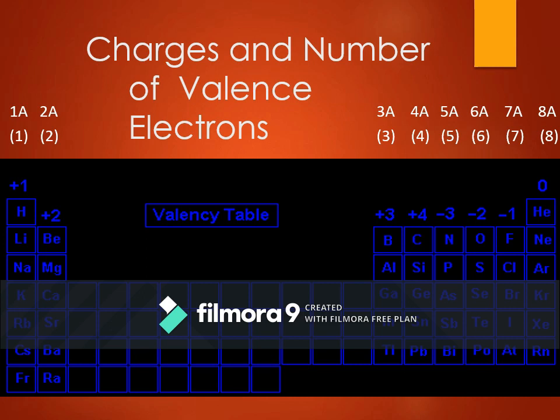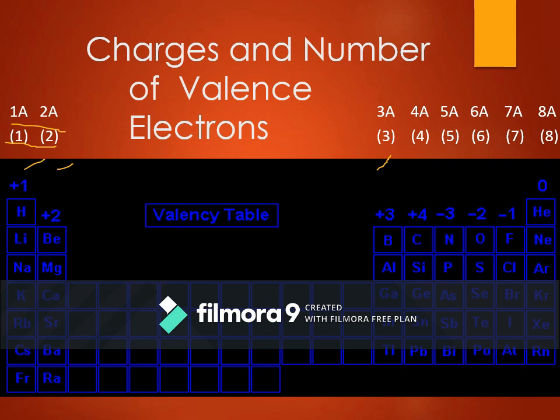Look at this table. The charges of each group are stated. The valence electron represents the group number. The charges indicate the type of ion that can be formed. Ion meaning the number of protons is not equal to the number of electrons. Group 1, 2, and 3 form a positive ion.